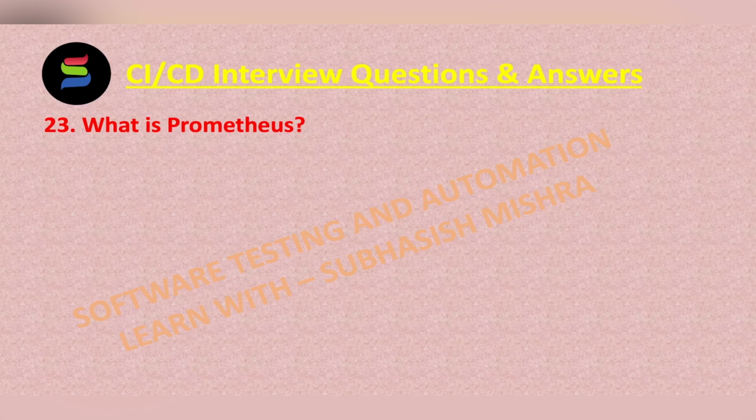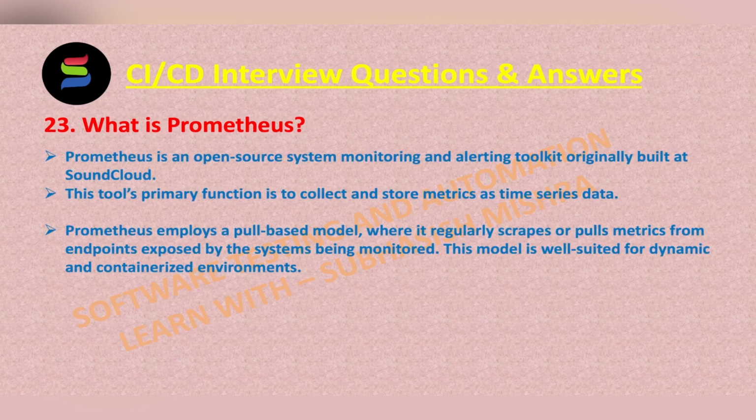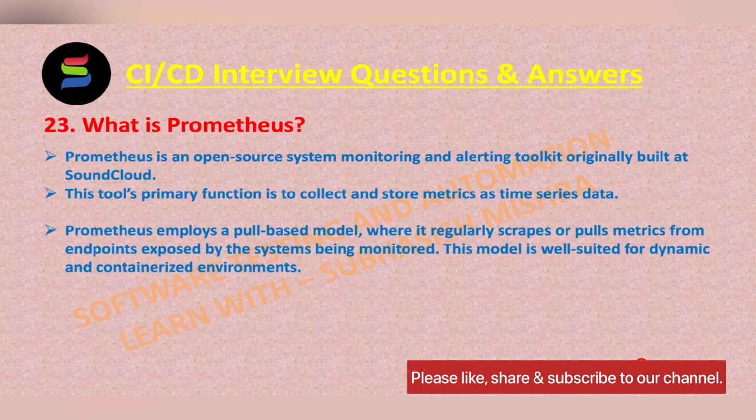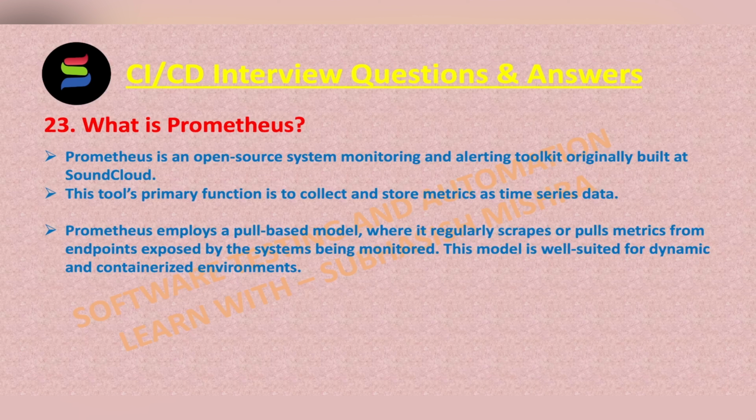What is Prometheus? Prometheus is an open source system monitoring and alerting toolkit originally built at SoundCloud. This tool's primary function is to collect and store metrics as time series data. For example, suppose you have a running web application that is too slow. You can use Prometheus to determine the response time of a web server or the number of active connections or queries in a database.